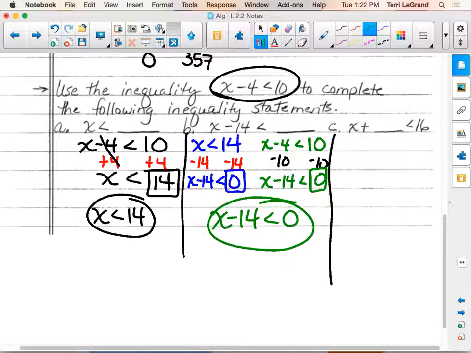Just pick one and start, kind of like we did here. In this one, we started with this name. In this one, we tried each of the other names. And now we have all 3 possibilities. Let's do C.